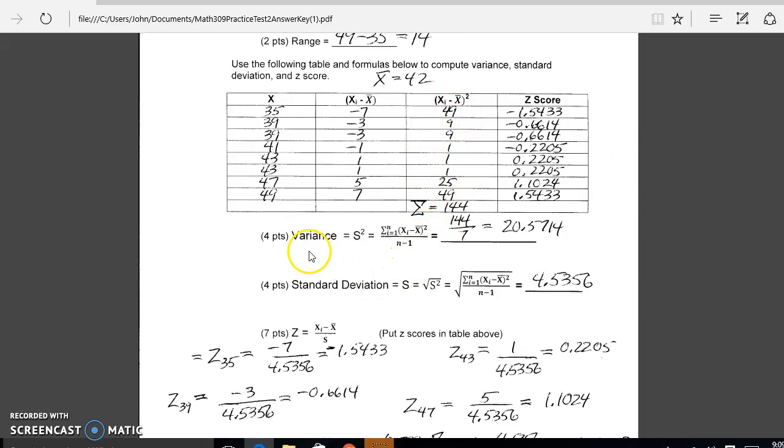I'm going to use that number in the calculation of the variance, because here's the formula for the variance, and you notice that the numerator is the sum of all of the squared differences, the sum of all this column, which we found to be 144. And then the denominator is n, which is 8, minus 1, which is 7.